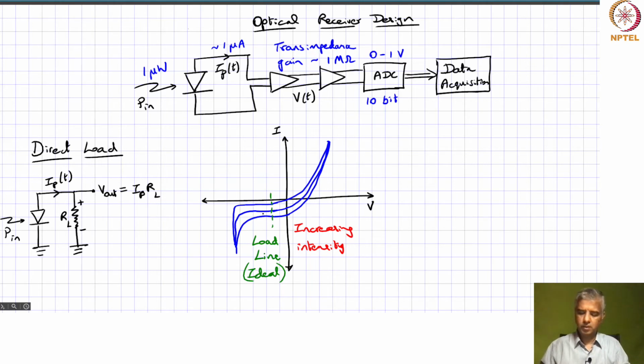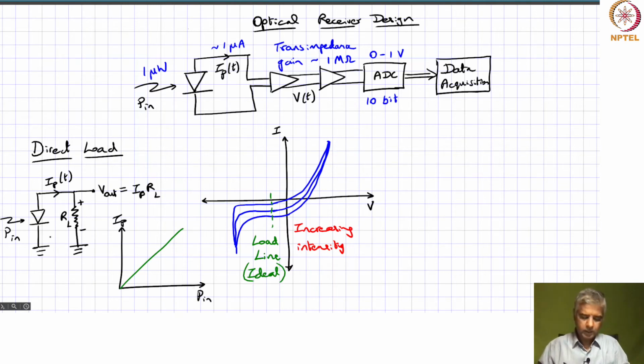Okay, so in other words, if we were to look at this photocurrent as a function of Pin, in the ideal case it should be like this. It should increase with the incoming optical power.